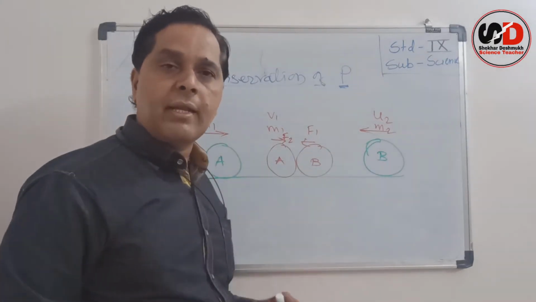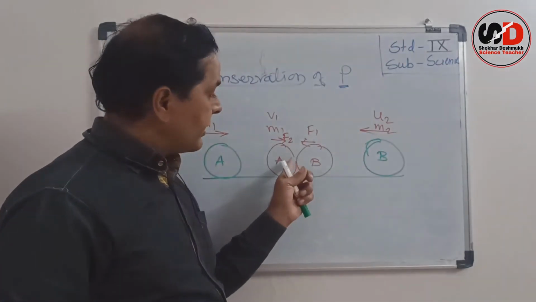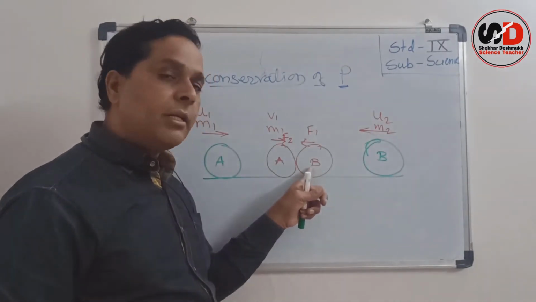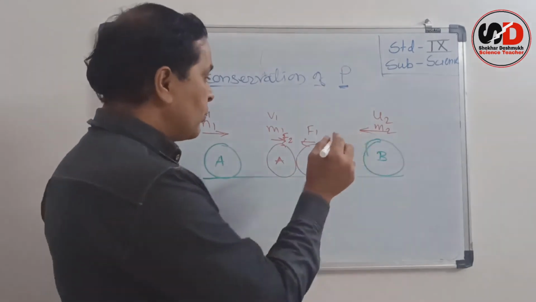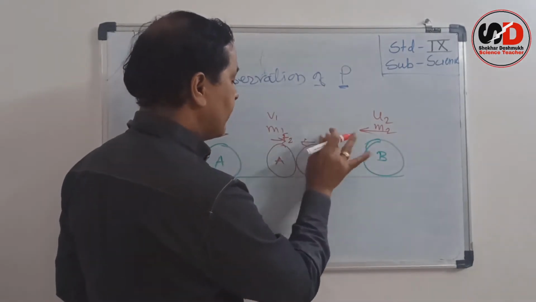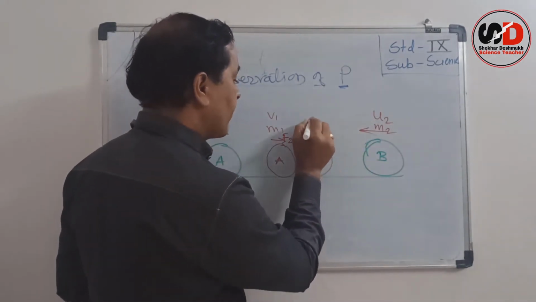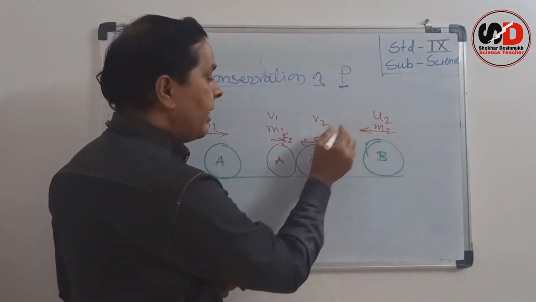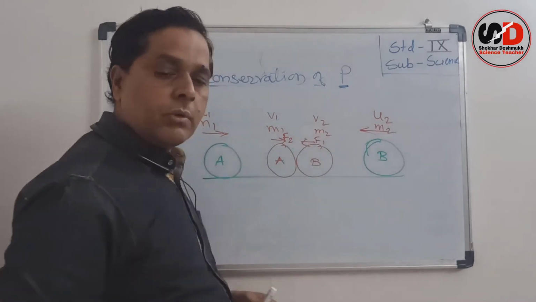F2 एवढा फोर्स अप्लाय केला, त्याच्यामुळे याची सुद्धा वेलोसिटी चेंज होणार आहे. इट क्रिएट्स एक्सेलरेशन इन B. Suppose the velocity changes and it becomes v2. Mass remains constant, m2. Right?